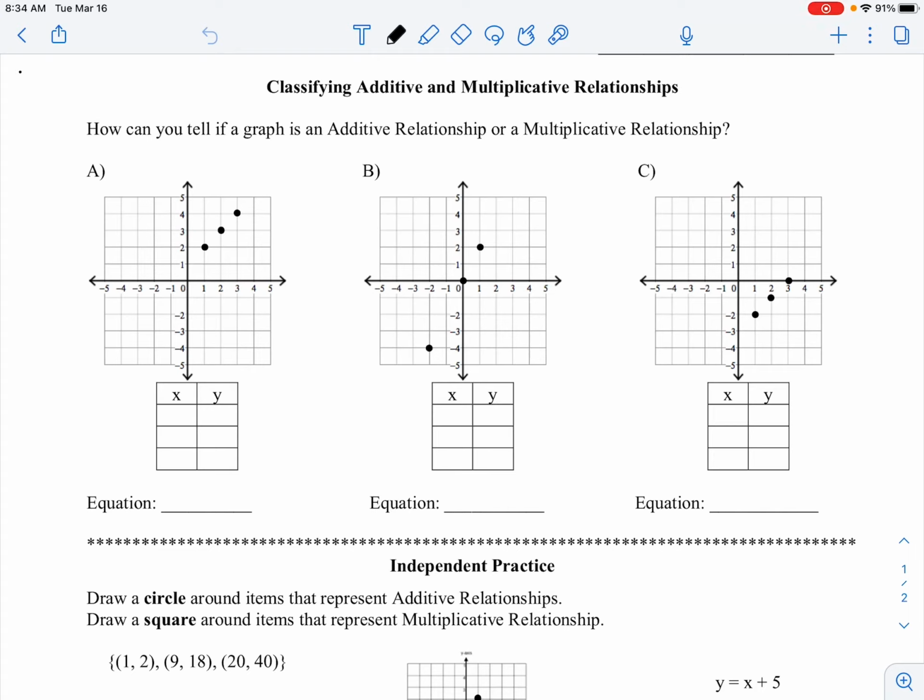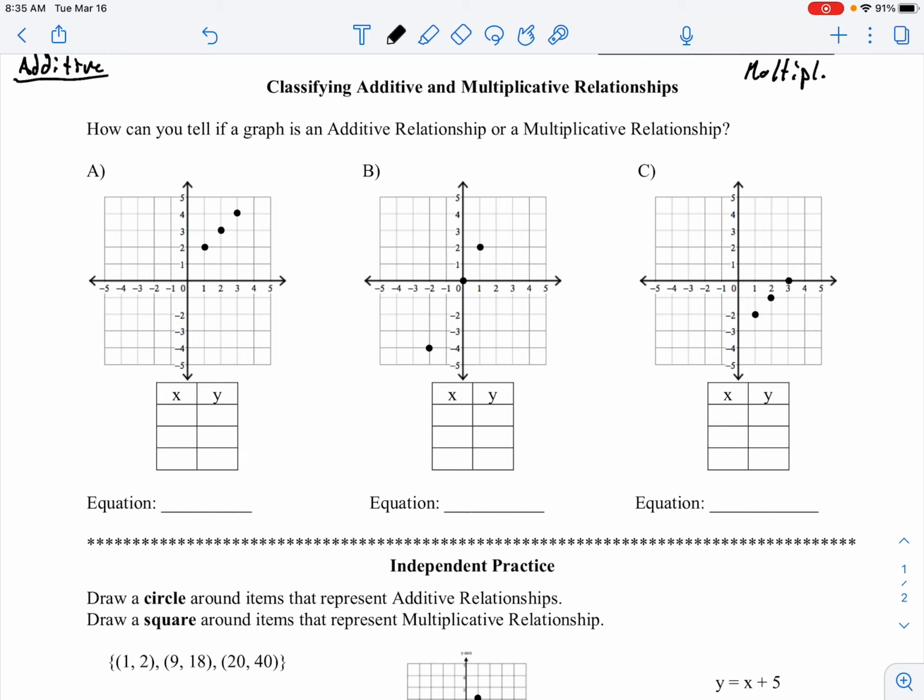So what I want us to do here is we are going to have additive on this side, and on this side we'll do multiplicative, I'm going to abbreviate that.